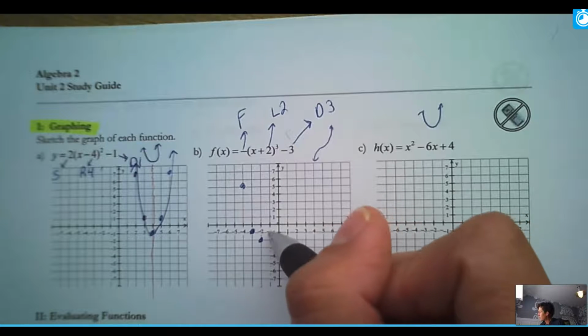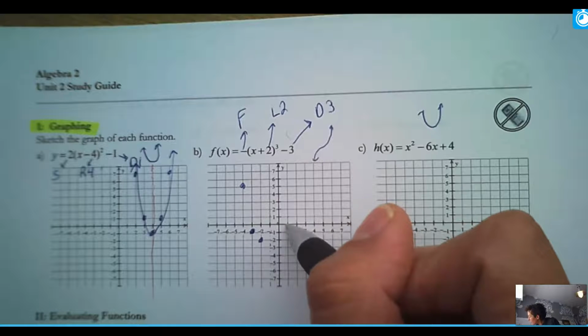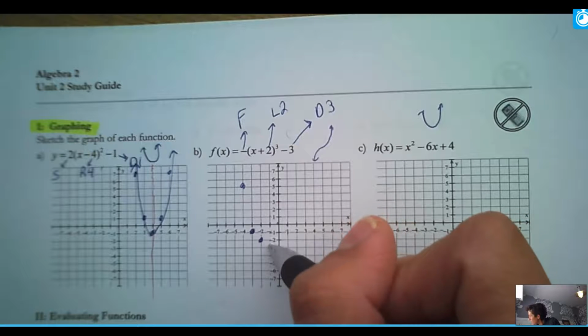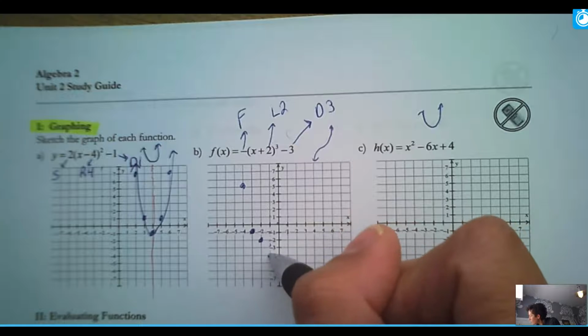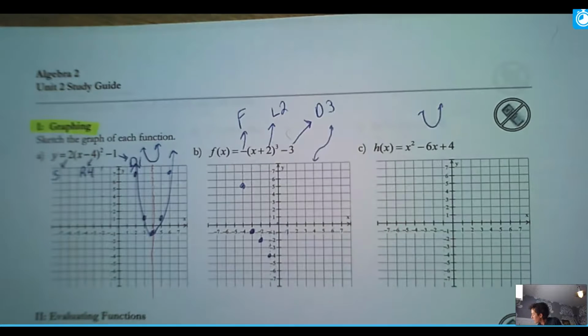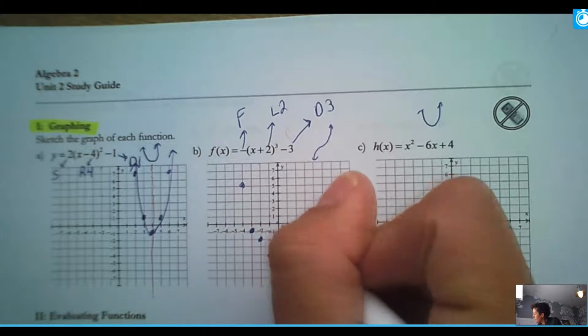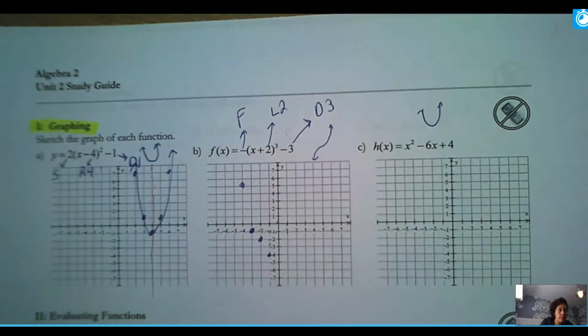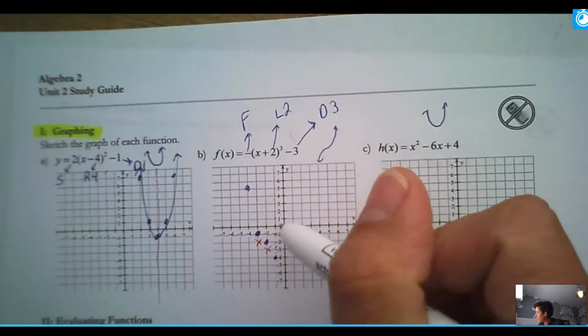It's going to go left 2, down 3. And I just realized my (0, 0) is a little bit off. I messed up somewhere. All right, sorry, I realized I messed up in my counting.